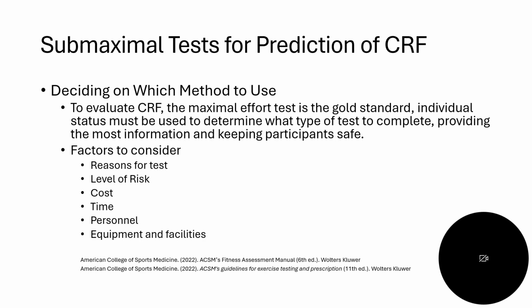Also, it provides the most information as well as keeping the participants safe. These are all things that must be considered when you're making that decision. Also, there are other factors that must be considered, and these include the reasons for the test, the level of risk, cost, time, personnel, as well as equipment and facilities.